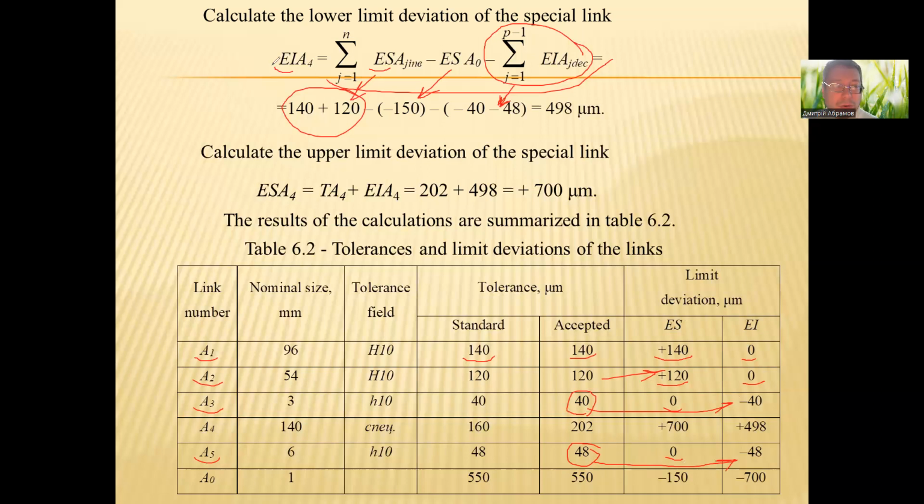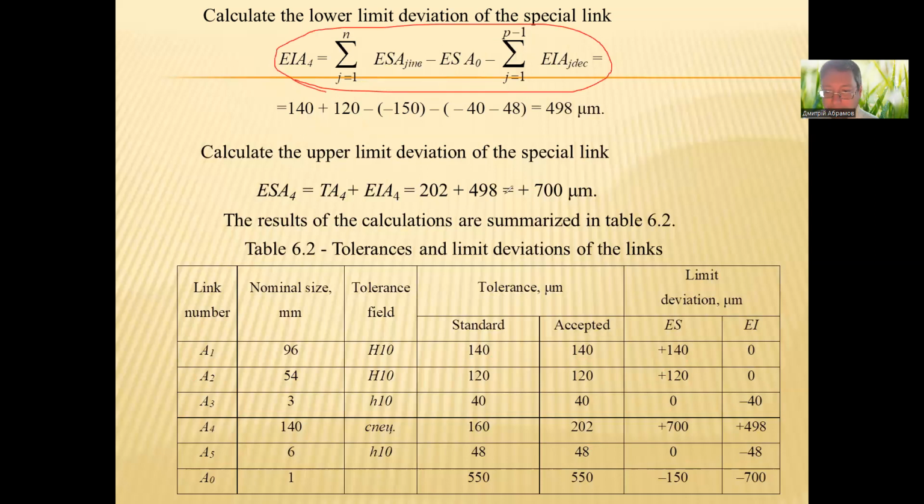We don't know EI, lower limit deviation of A4, so we can calculate it using this formula. We know upper limit deviation of increasing links, plus 140 plus 120. Then minus upper limit deviation of initial link. We know it from the task: minus 150.